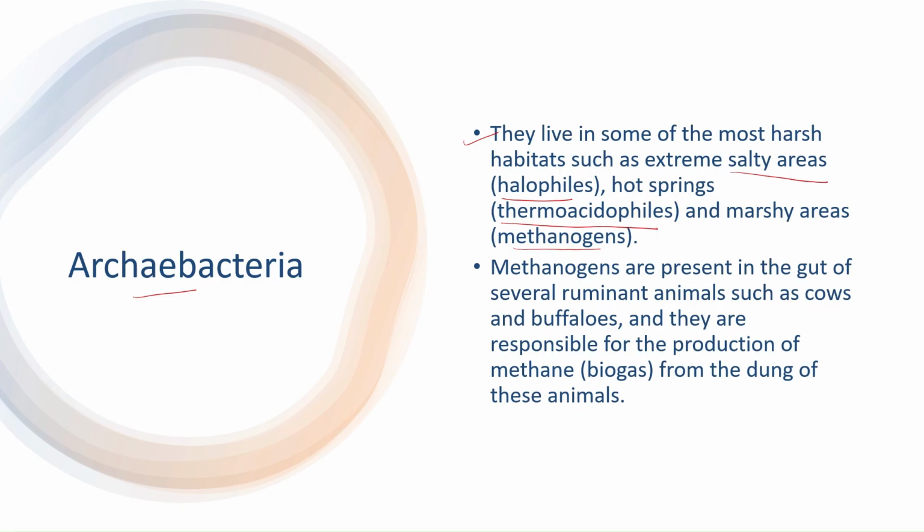These methanogens are present in the gut of several ruminant animals such as cows and buffaloes, and they are responsible for the production of methane or biogas from the dung of these animals. So these methanogens present in cow dung convert it into methane gas.